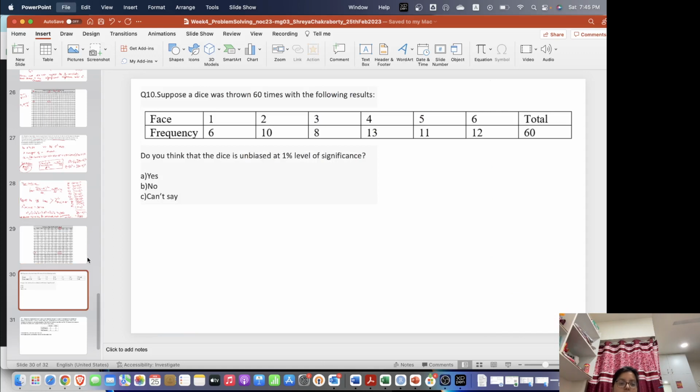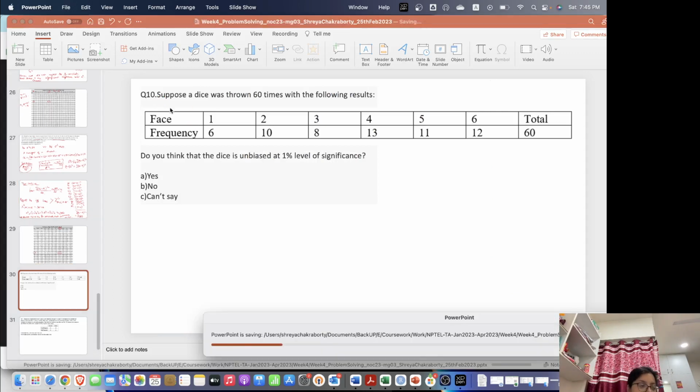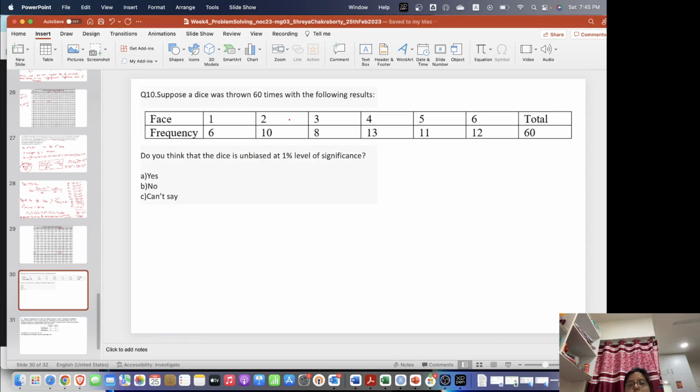so finally, now this question. Suppose a dice was thrown 60 times with the following results. Do you think that the dice is unbiased at 1% level of significance? So a dice is thrown 60 times with the following results.